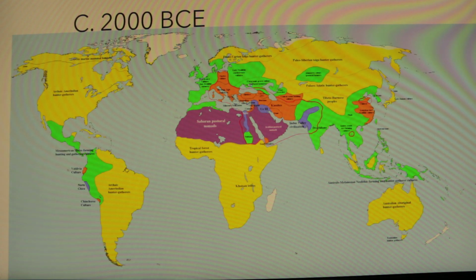So we have the expressions of art and also gatherings of humans. There's a lot of movement in this period. In fact, this period is also termed as the hunter-gatherer period.